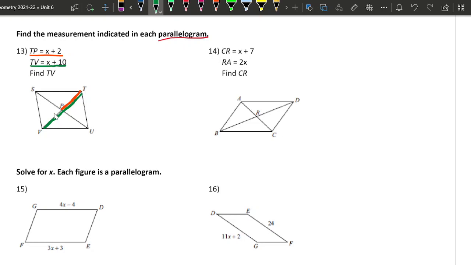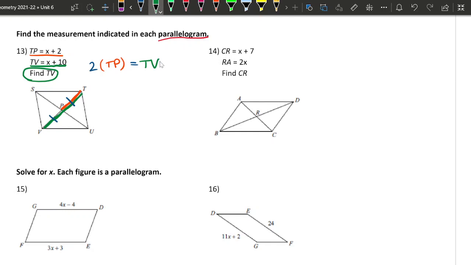So if we look at our characteristics of parallelograms, oh, also it says to find TV. So identify what you're solving for. One of the characteristics of parallelograms is that the diagonals bisect each other. So if the diagonals bisect each other, that means it's been cut in half and those two pieces are equal. So then if I wanted an equation, I could say 2 of the orange piece, 2 of TP, it would take 2 of those to equal the green one, TV.